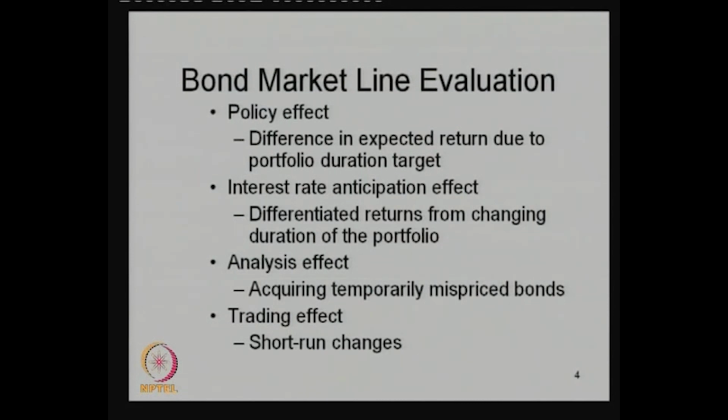The first factor which can affect this bond market line is the policy effect. What do we mean by this policy effect? Suppose the investor's target is a particular duration of, let us say, 10 years. His investment horizon is 10 years.